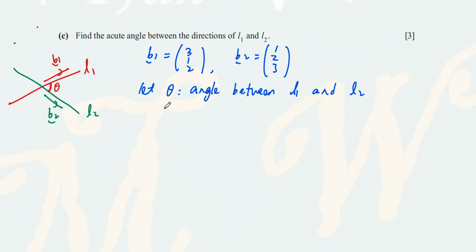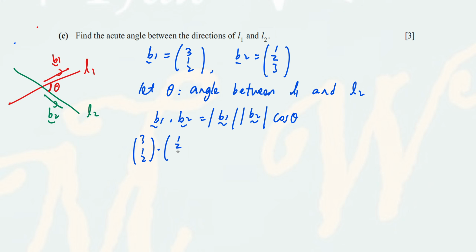So according to the scalar product formula, B1 dot B2 equals magnitude B1, magnitude B2, cos theta. So now (3, 1, 2) dot (1, 2, 3) equals modulus square root of 3 squared plus 1 squared plus 2 squared.